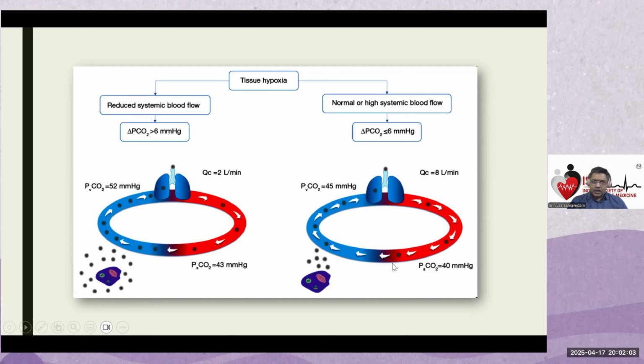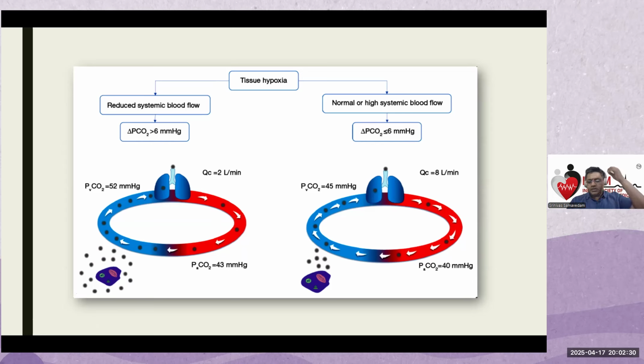At that high cardiac output, the tissues bring in less carbon dioxide and the venous carbon dioxide is less. But in a low cardiac output state where there is tissue stagnation, the venous CO2 is higher at 52 millimeters of mercury because of more buildup of carbon dioxide in the tissue.